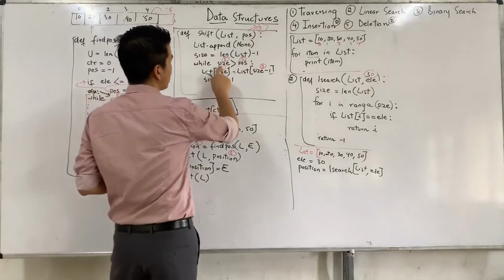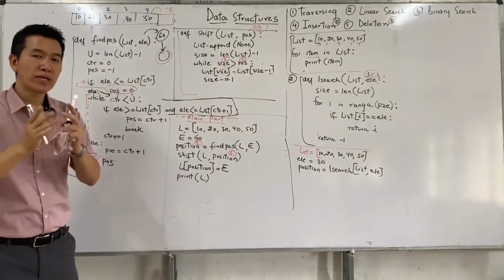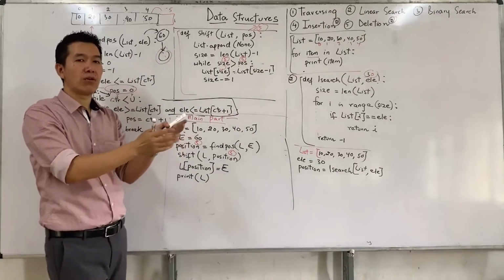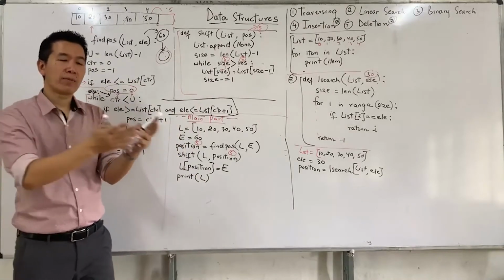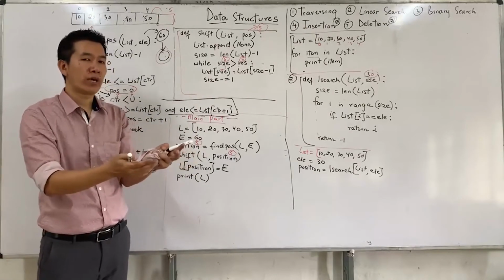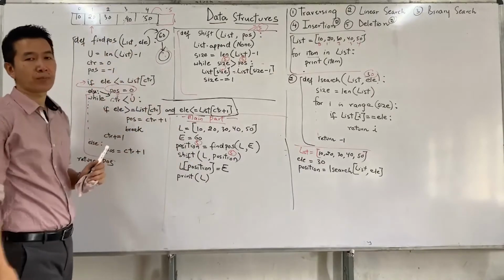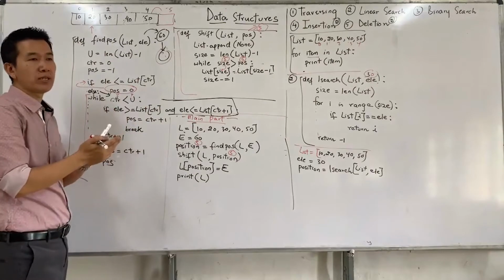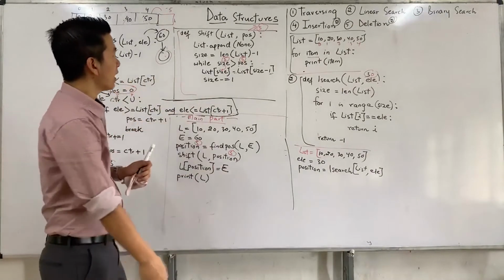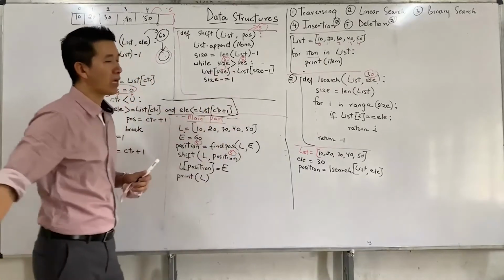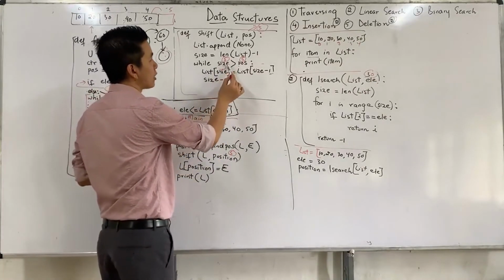So look at this. Since the new value is to be inserted at the end of the list, will there be any shifting that's going to take place? No. Okay, we don't have to disturb the order of the numbers, because the element to be inserted has to go to the last slot. Hence, the very condition will become false. So at the very start, the condition becomes false.